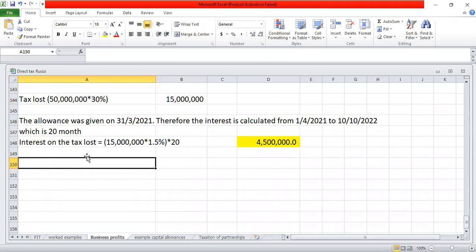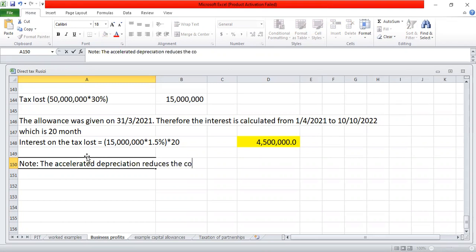So another thing that I want us to talk about before we look at an example is to make a simple note that the accelerated depreciation reduces the cost and the useful life if the asset has been accelerated.